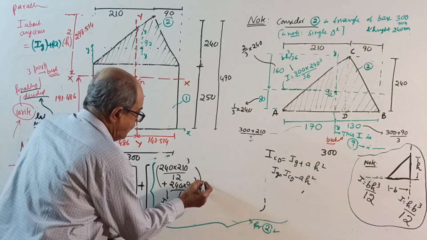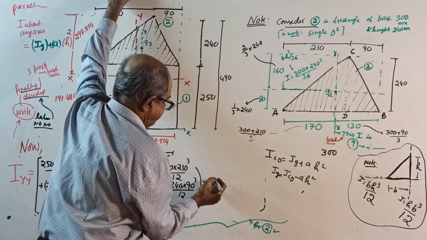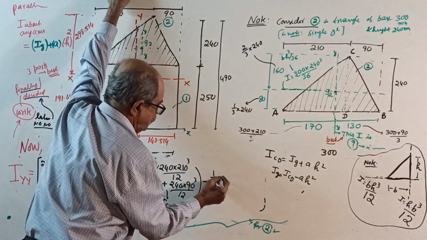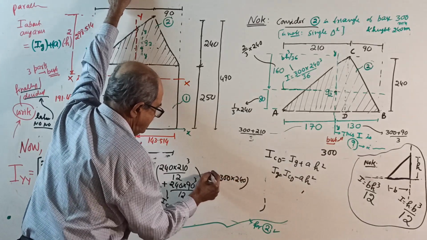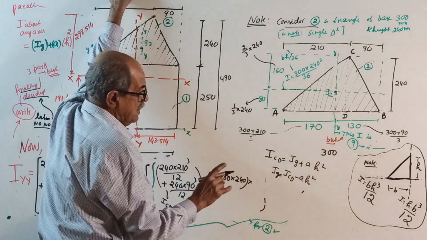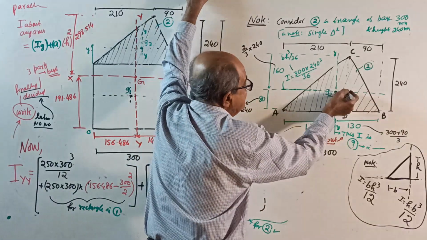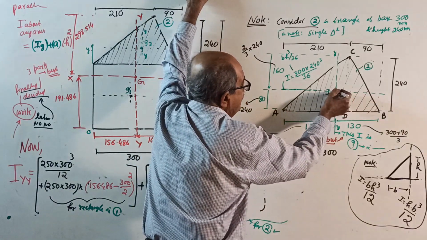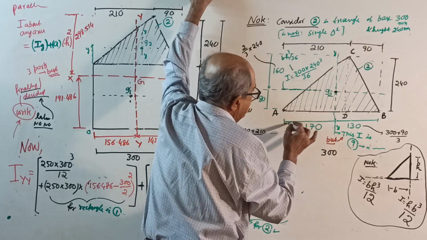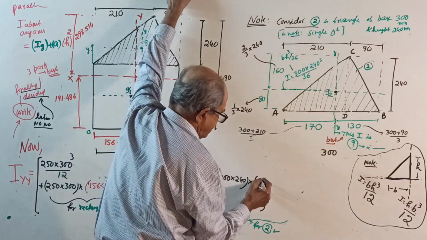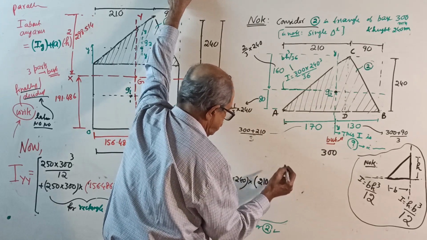So right now, minus area. The full area is half into 300 into 240, into the distance square from the centroid to this axis, which is 210 minus 170, whole square.